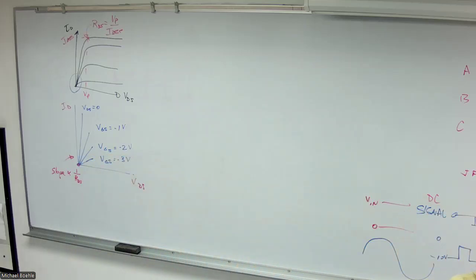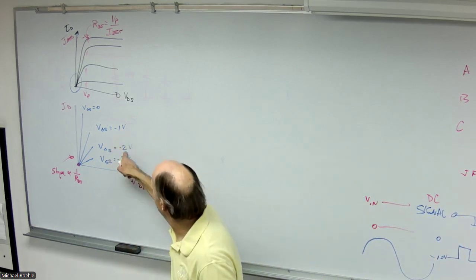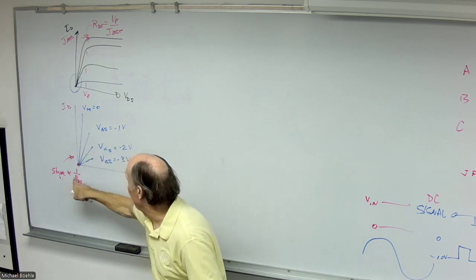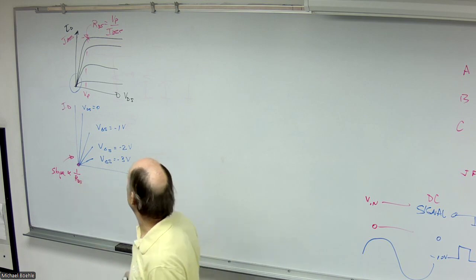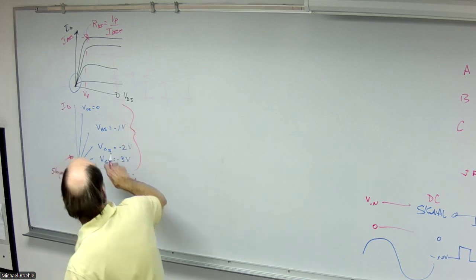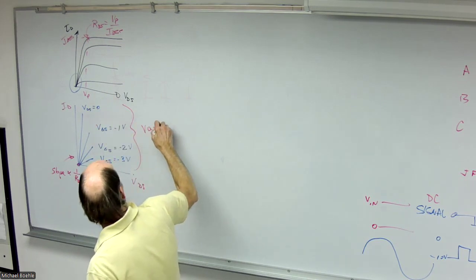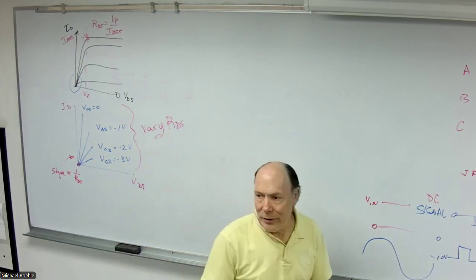But that's only when the gate source voltage is 0. When the gate source voltage becomes more negative, the slope goes down, which means the resistance is getting larger. So each of these different voltages can basically vary the actual drain source resistance.